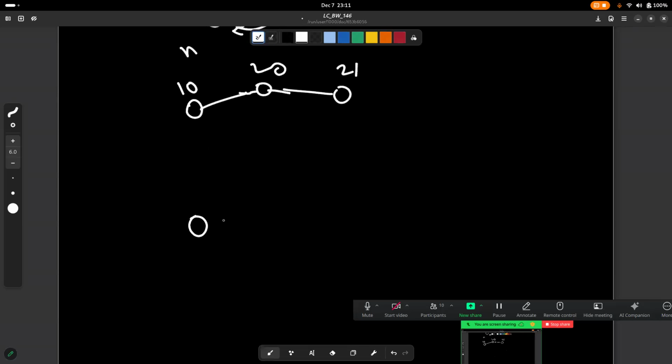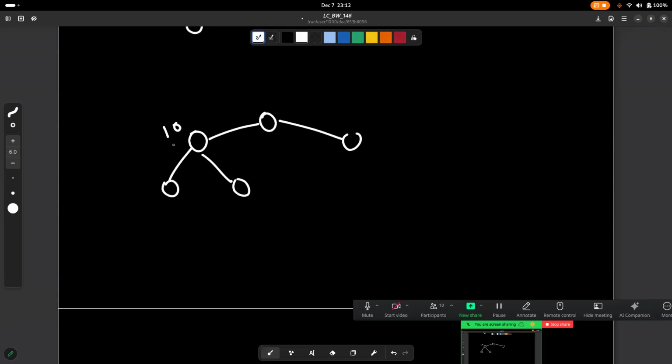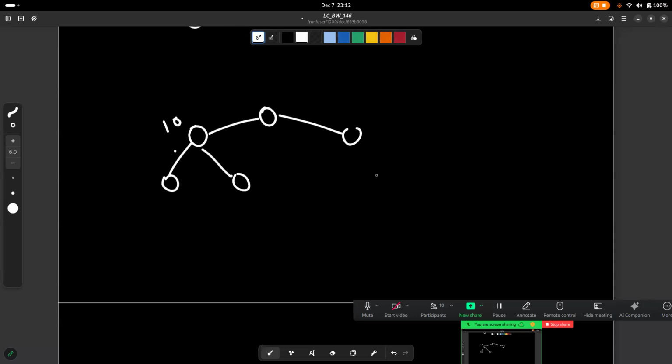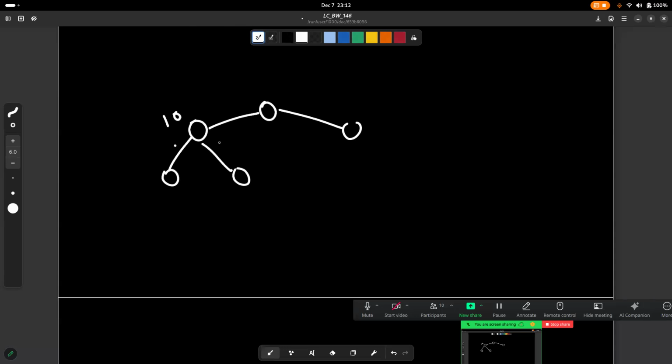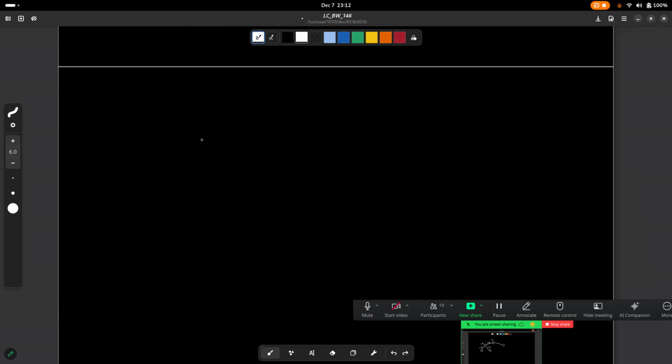Okay. So for example, for now, ignore this value of 21. I'll start exploring my graph from 10, and for each edge I find, I'll assign that edge a value of 10. Now over here, I reach my node with value of 20. So let me just draw it in a better way.